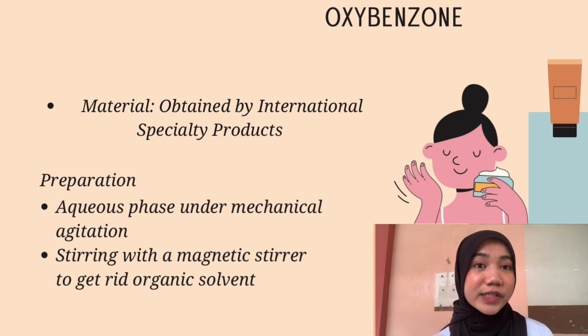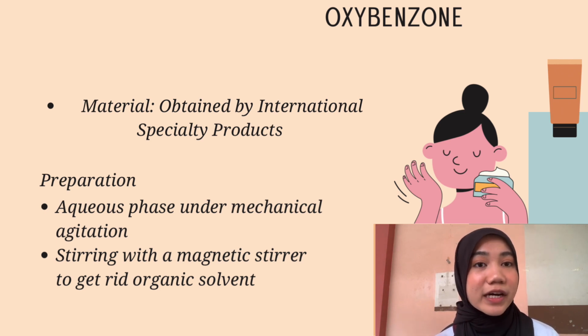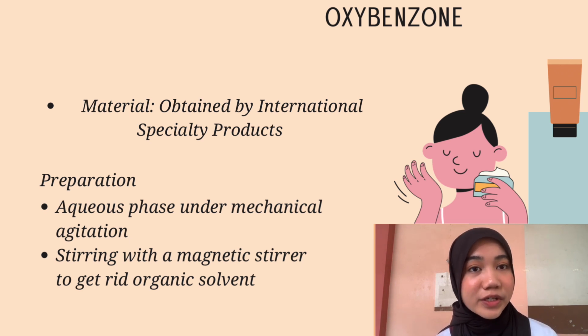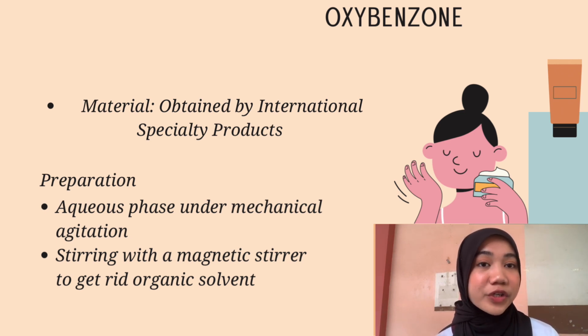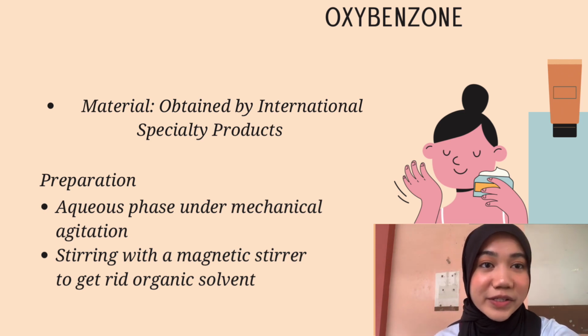The preparation is slightly the same as for the SLN. The aqueous phase contains AVPA under mechanical agitation using a mechanical stirrer at 400 rpm in a water bath. Moreover, while stirring with a magnetic stirrer, the dispersion was allowed to cool down to room temperature to get rid of the organic solvent, and that's how oxybenzone was obtained.